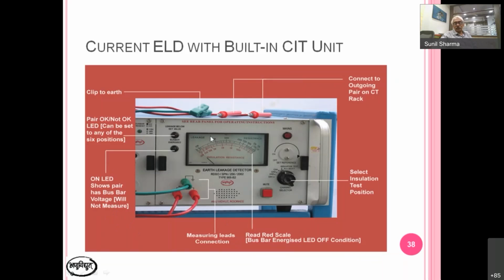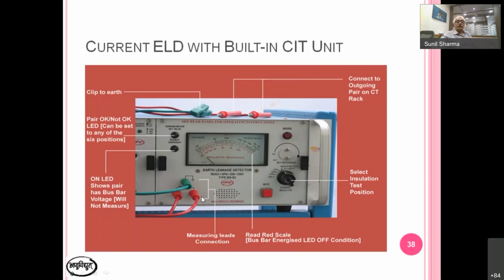There is a bus bar voltage, and no reading. Suppose the pair is not energized and has no voltage. Then it reads the reading of the pair and it will appear here.